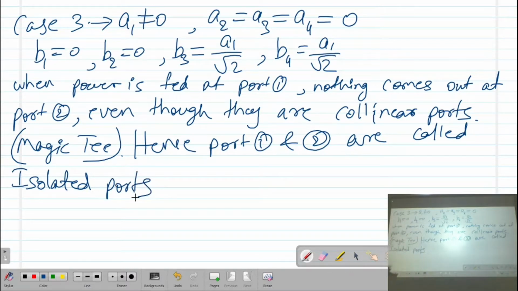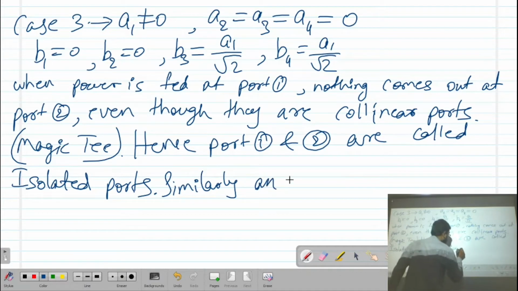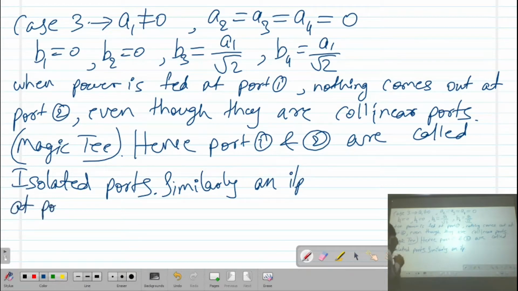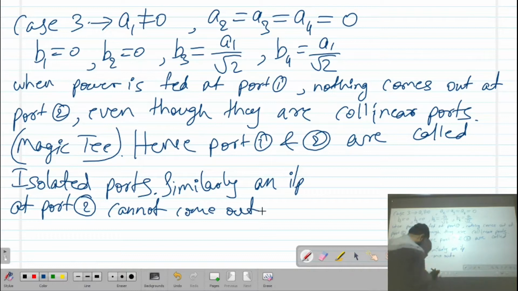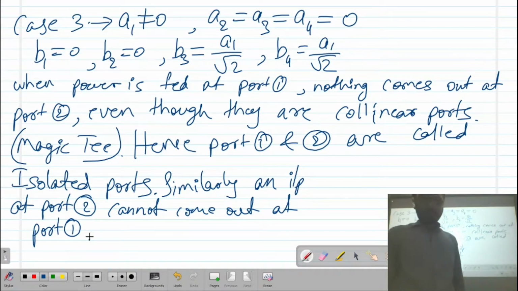Similarly, an input at port 2 cannot come out at port 1. Okay? So this is all about case 3.